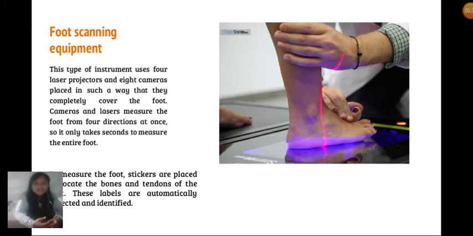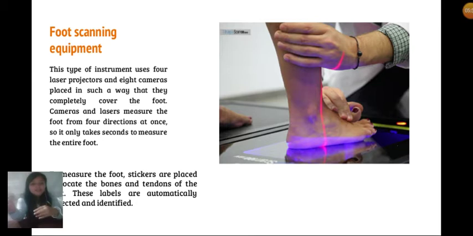The next one, foot scanning equipment. This type of instrument uses laser projectors and cameras placed in a way that they completely cover the foot. The foot is placed on a glass plate, and mechanisms move these cameras and lasers to achieve the measurements.